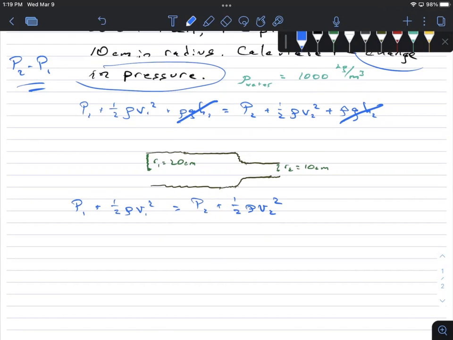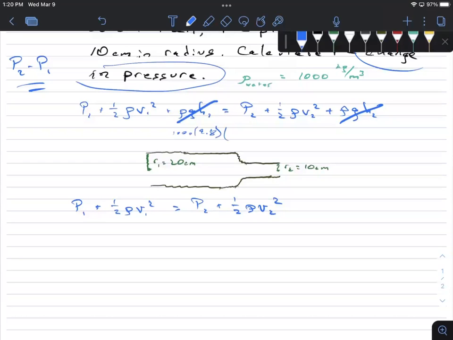All right, any questions so far in my analysis? So if there's not a change in height that's listed in the problem, we can just cross out the third portion. Yeah, and the reason you can do that, I say you cancel it out, but really what's going on is if we were to just plug in numbers, 1,000 times 9.8, and then just give it a height.